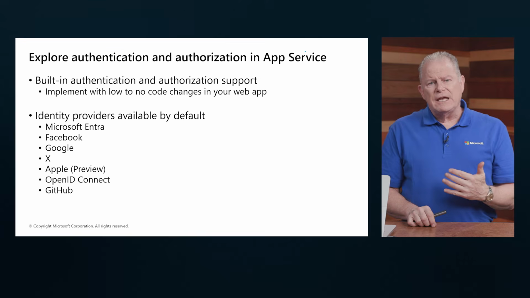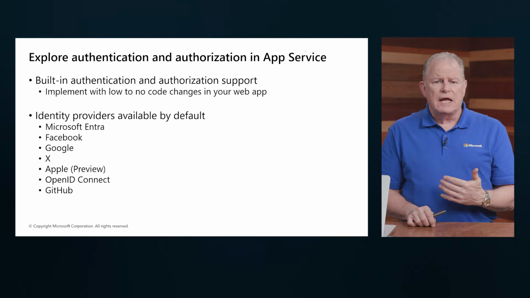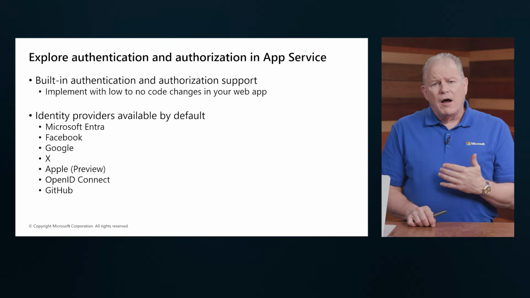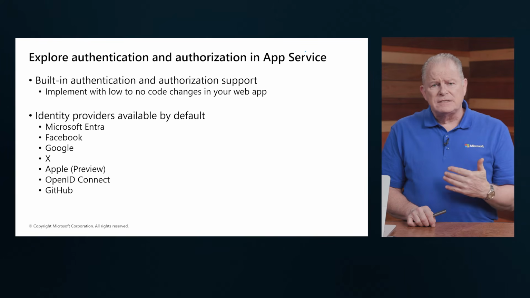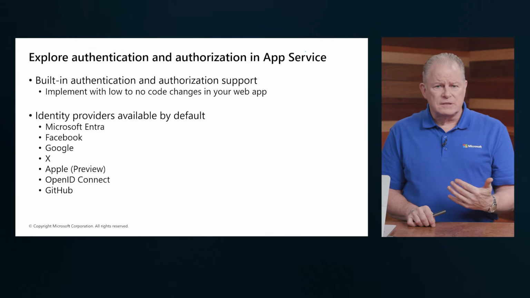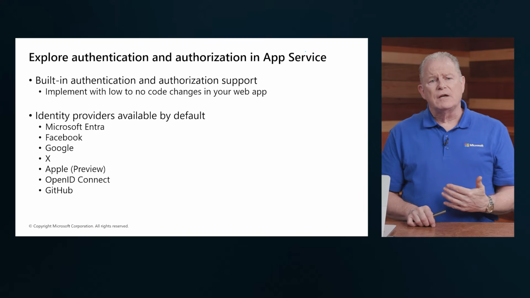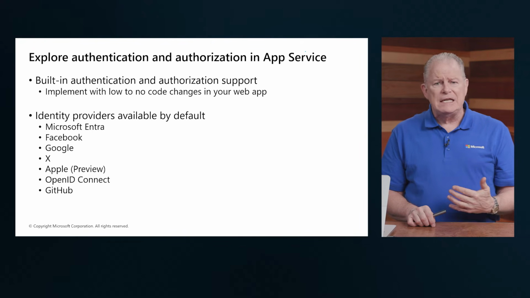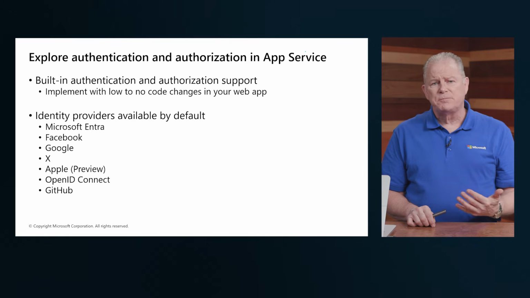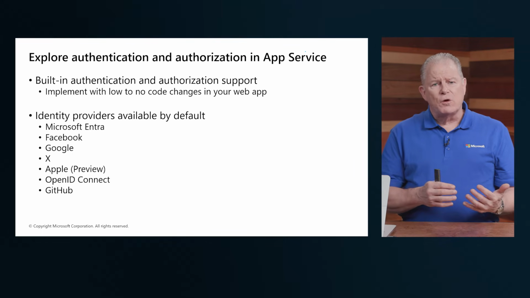We talked about authentication and authorization in the introduction as being super important. Automatically built into the SDKs for the app services that you're dealing with is the ability to integrate with Microsoft Entra ID and a wide variety of the OpenID standards, whether it be from Facebook or Google or any of those OpenID standards.